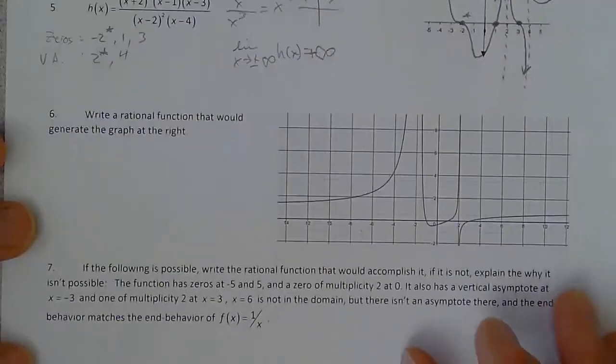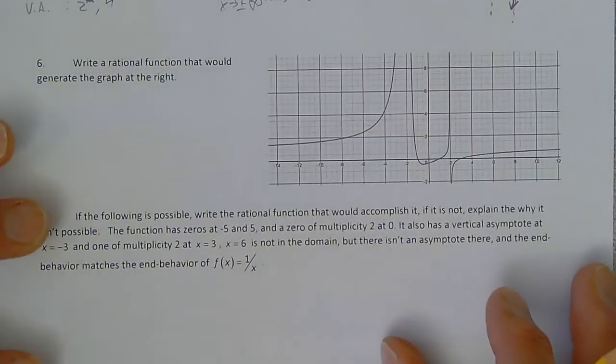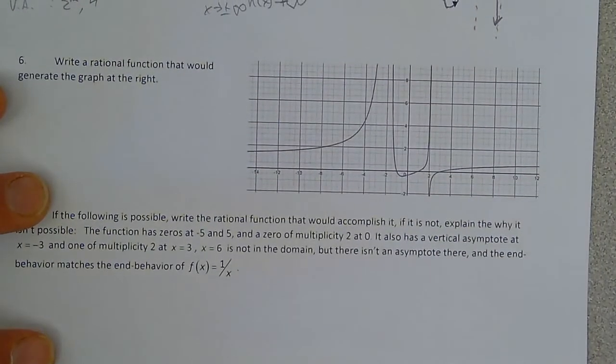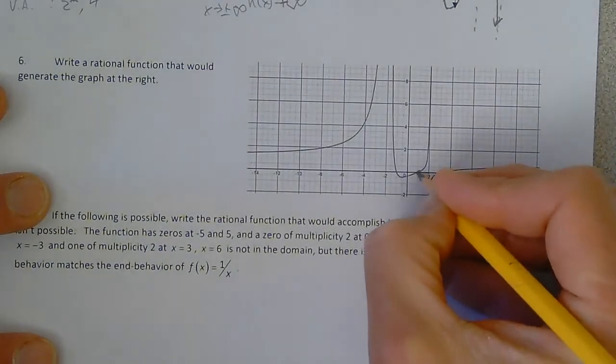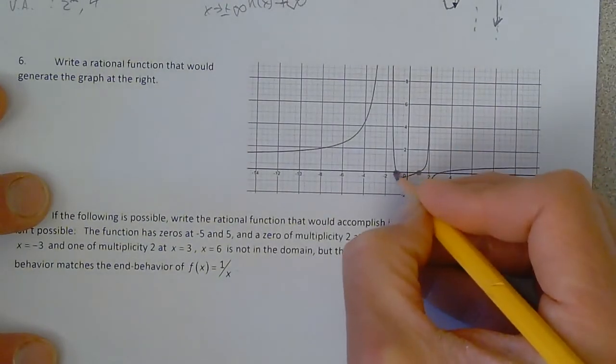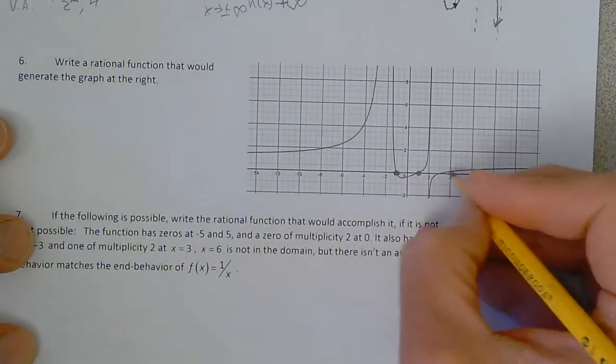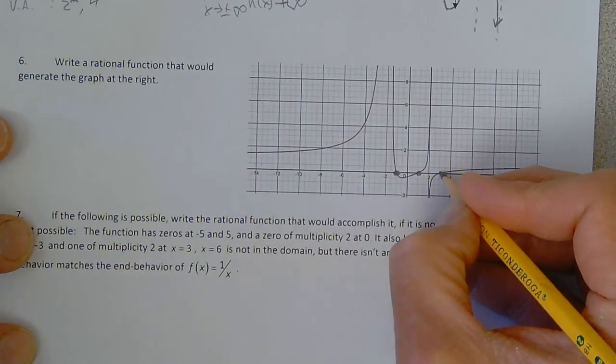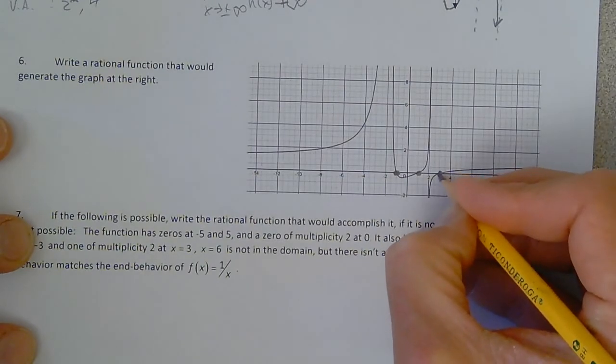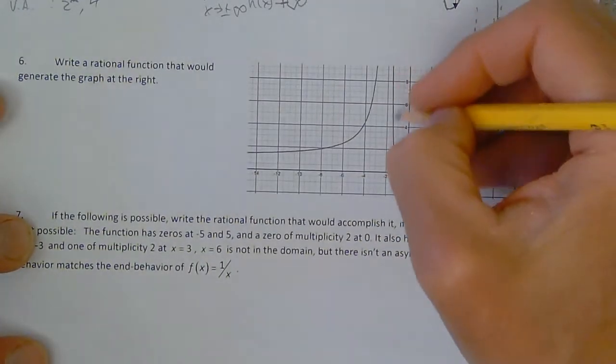All right. A rational function that would generate the graph at the right. Well, let's see what I've got going here. It looks like I cross at 1 and at -1, and at +3, and those are just singles.